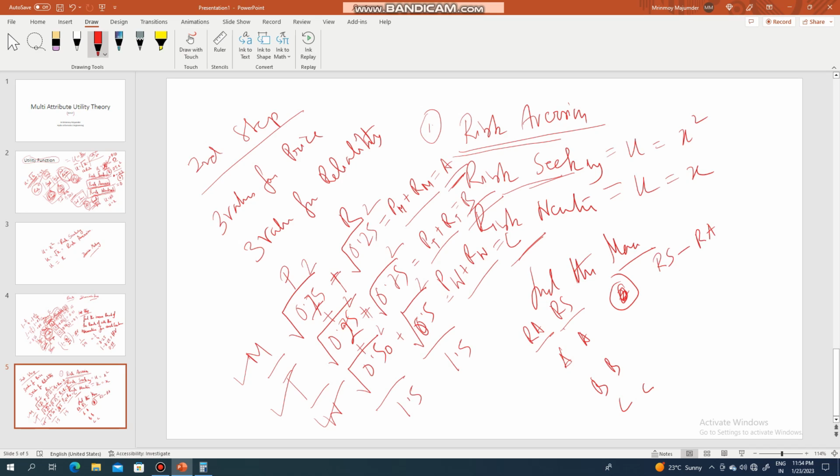So for risk seeking, if A is the value, then A risk seeking will be minus A risk aversion. Because in risk aversion you are avoiding the risk, and here you are taking the risk.